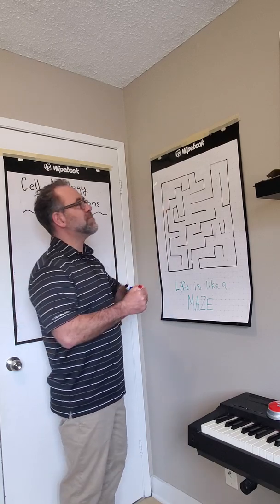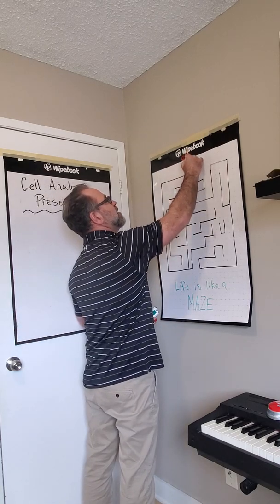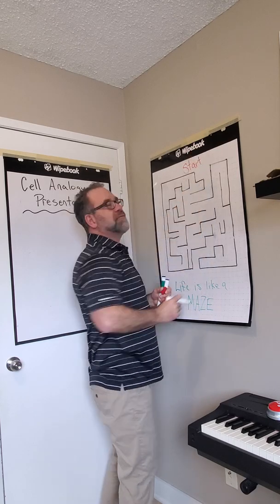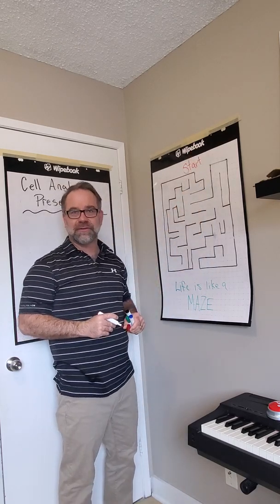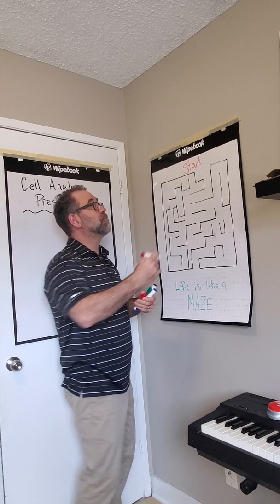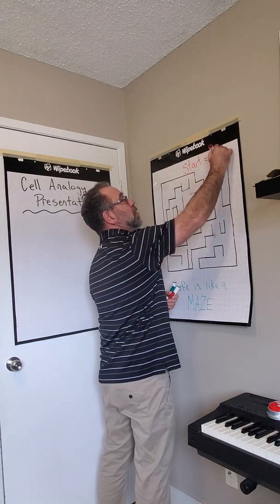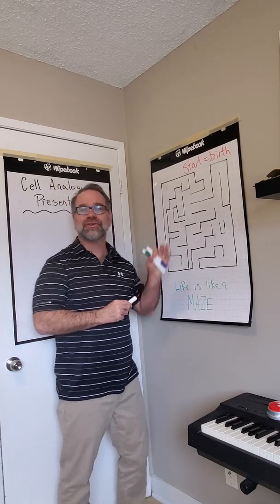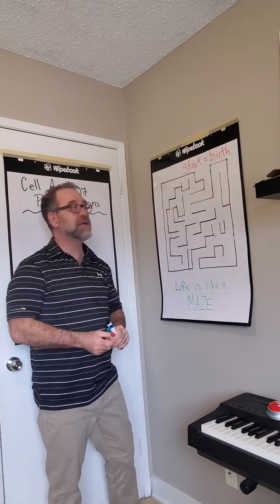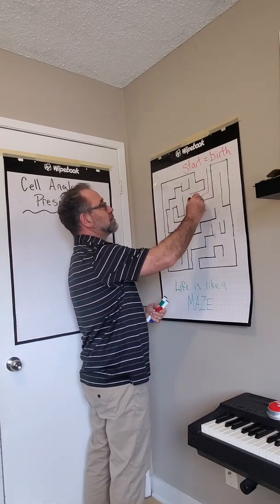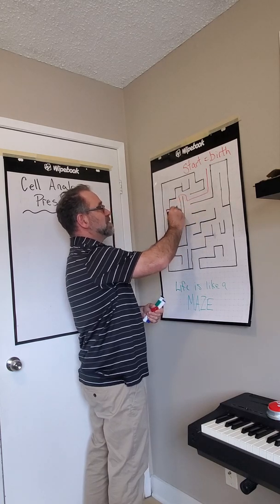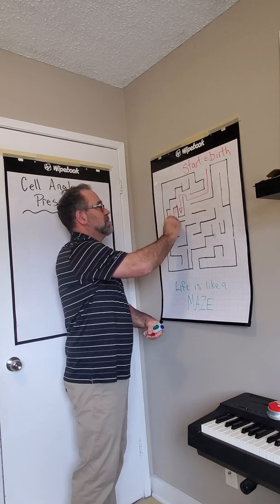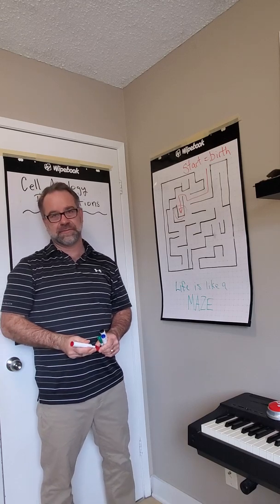So at the start of the maze here, every maze has a starting point. That is like what we call birth. When you're born, you start your journey through the maze. And as you travel along, sometimes you hit dead ends.